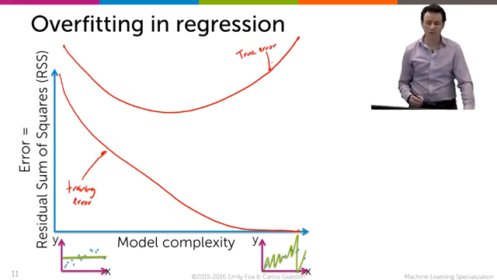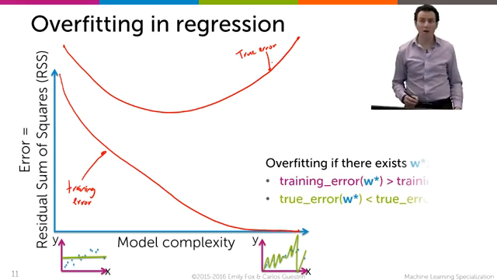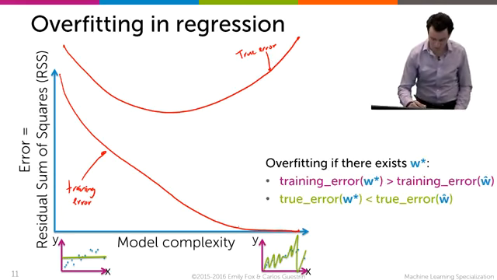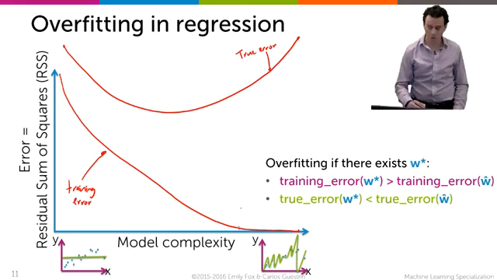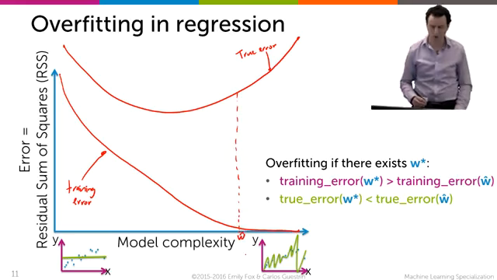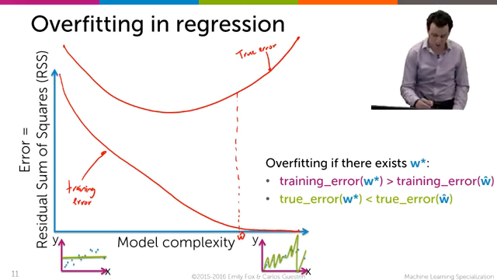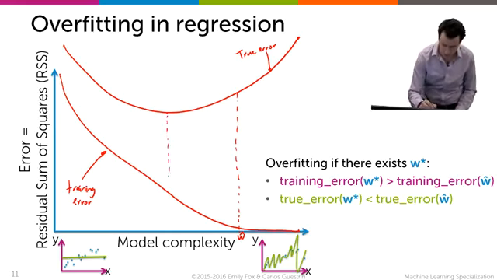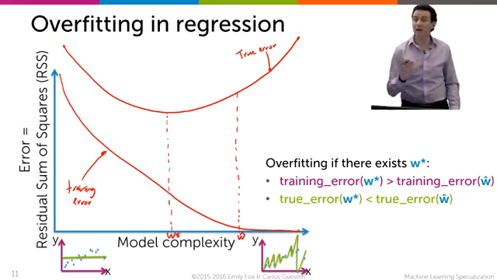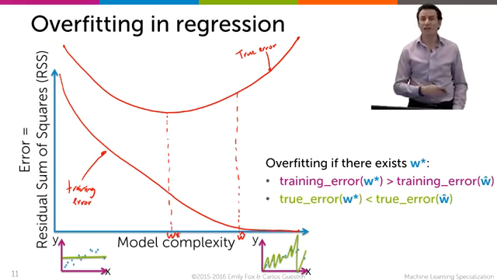So overfitting is going to happen when we pick something that's too good on the training data, so it's somewhere over here, but it doesn't do well with respect to true error. In other words, you get some w hat over here that has very low training error but high true error, while there exists some other set of parameters, we can call them w star, which might not have done as well on the training data, but did much better in terms of true error.